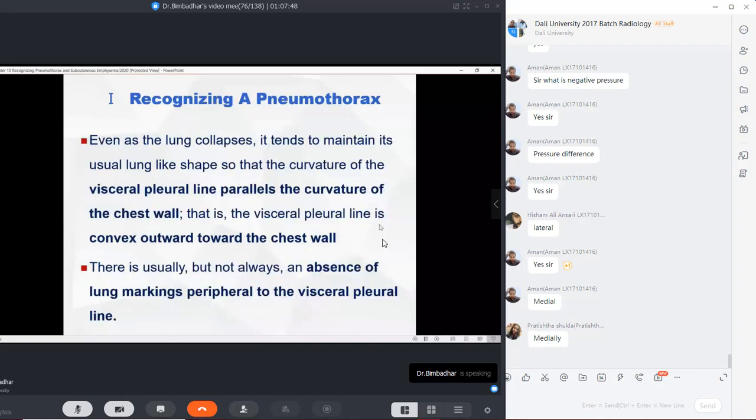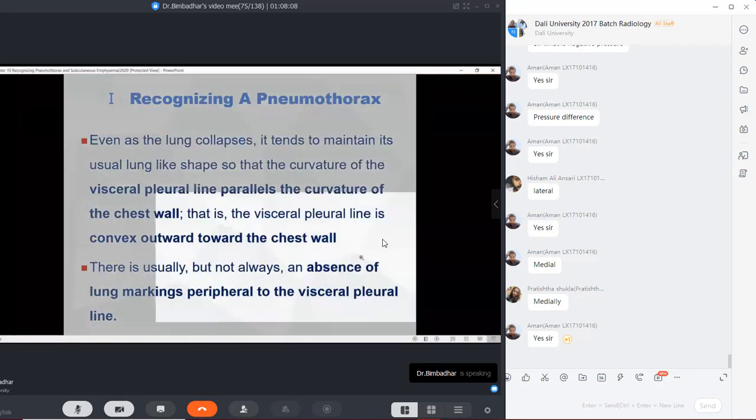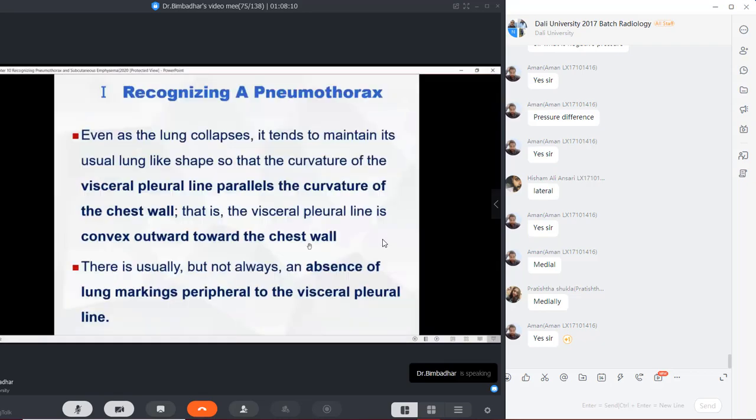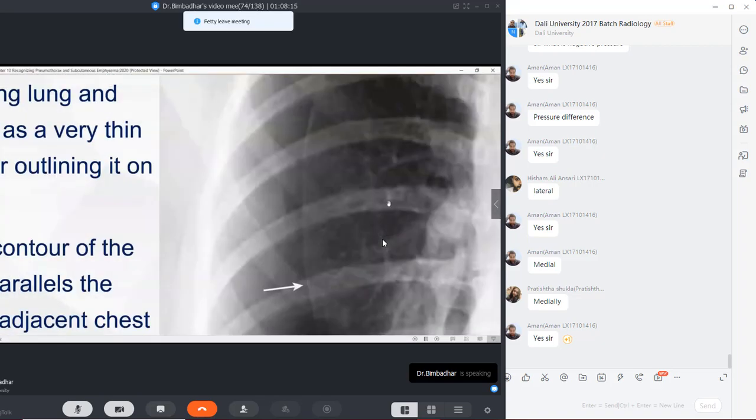So the visceral pleural line is always convex outwards, towards the chest wall, in the absence of pulmonary markings. Another indirect feature is this: when I look closely at this picture, this area has pulmonary vascular markings. But does this area have any?